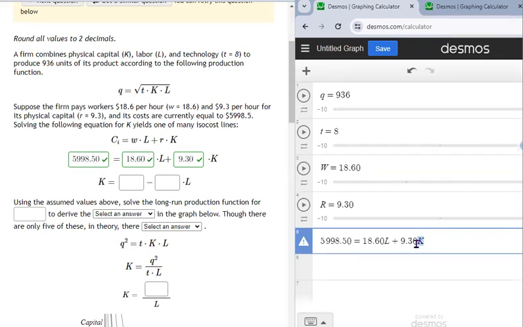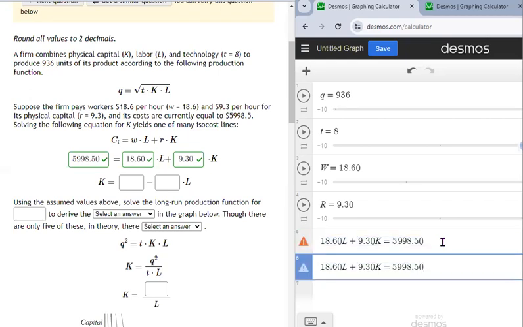Well, the first thing I want to do is subtract this from both sides of the equation, right? Actually, what I'm going to do is flip this around. I'm going to move the right side to the left side. And then I'm going to copy all this and subtract it from both sides of the equation, right?